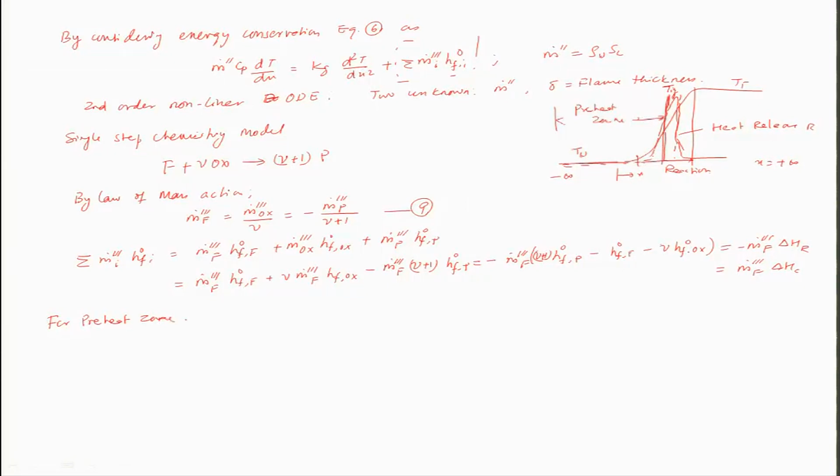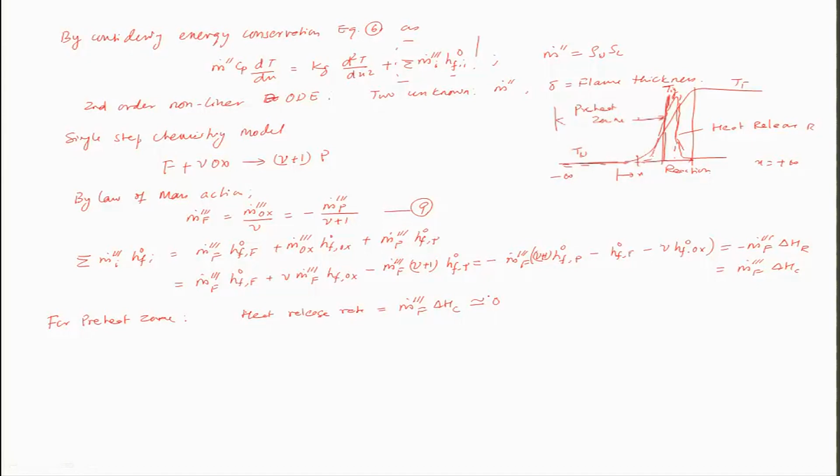So, for the preheat zone, what we will consider? For the preheat zone, the heat release is very small. That means m dot triple dash F delta H C is approximately equal to 0. It is not 0, it is approximately equal to 0. That means we are considering it to be 0.